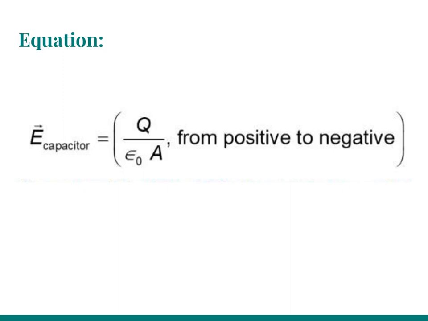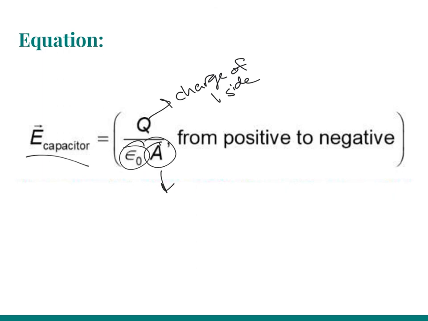Electric field of the capacitor equals Q, which is the charge of one side, divided by epsilon naught, which is the permittivity of free space and is found on your formula chart, times the area, which is the area of one plate. So you use the charge of one side and the area of one plate. You don't add the two together or anything like that. So that's how you would find the field inside a capacitor.